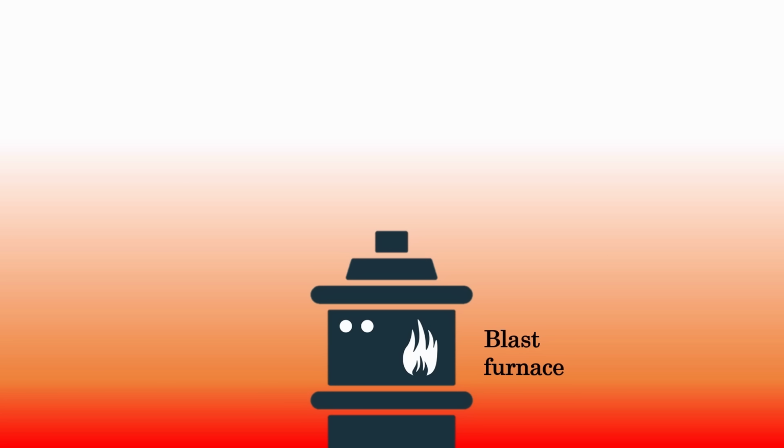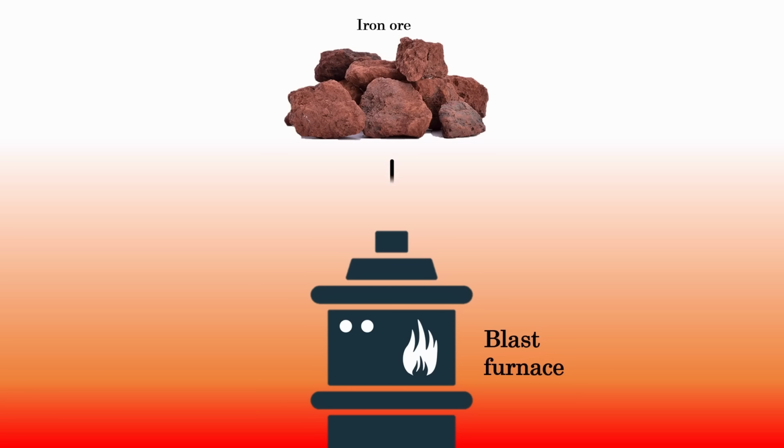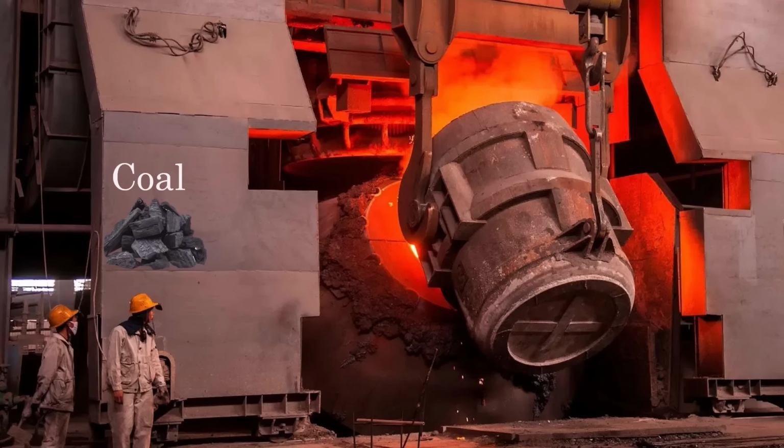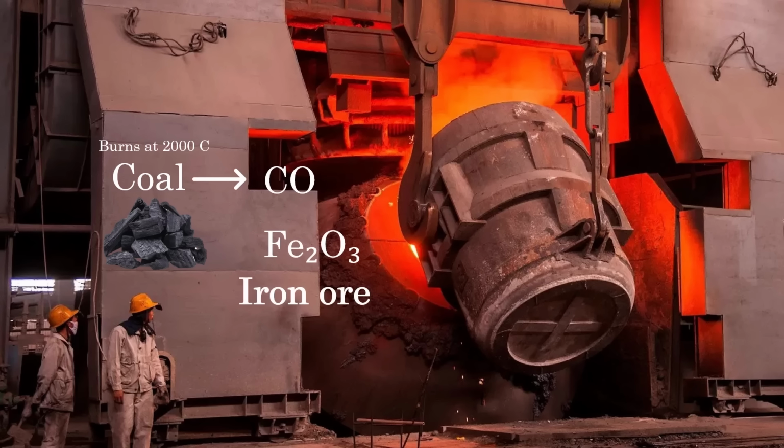Inside the blast furnace, we charge iron ore, coke for heat and carbon, and limestone to blend with impurities. Then the coke burns in hot air at around 2000 degrees centigrade, generating carbon monoxide, which reduces the ore Fe2O3 to metallic Fe, iron.